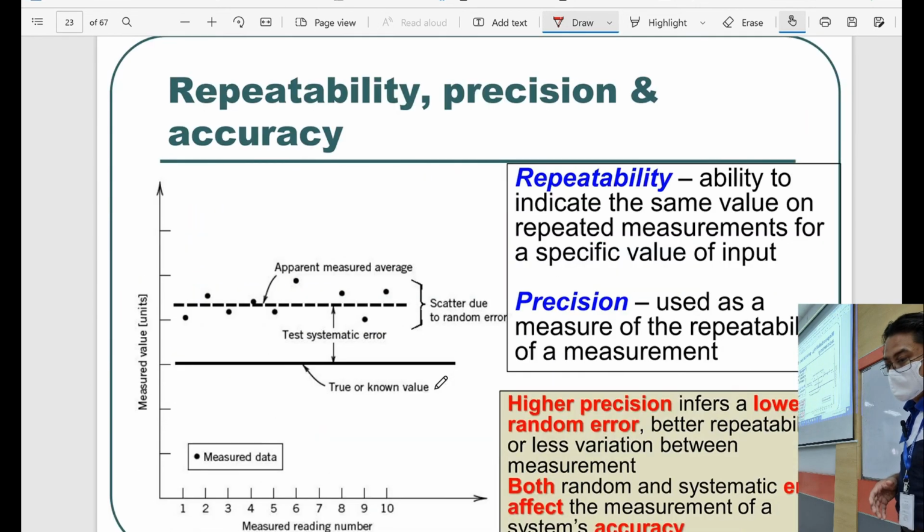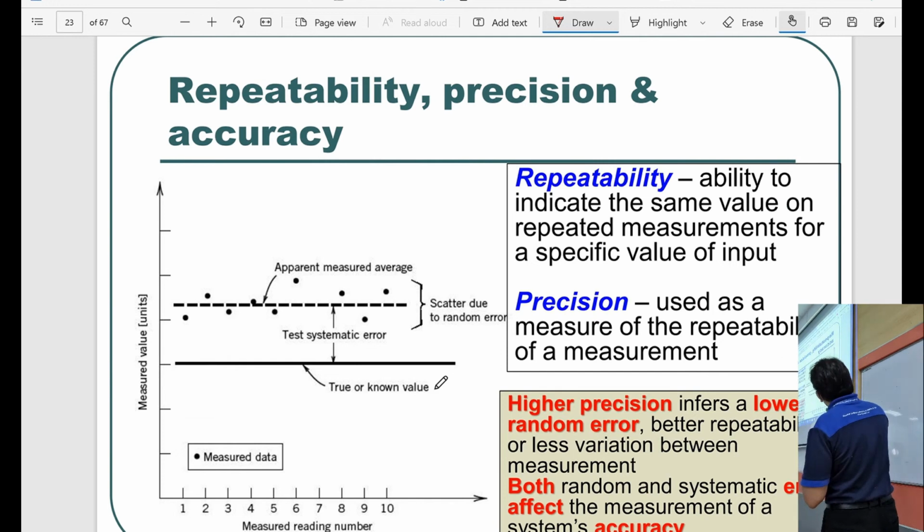Alright, so in terms of the figure, we can see that this is the same as what I mentioned previously. If you have interference and noise, it's also happening. Interference and noise are related to repeatability, precision and accuracy.